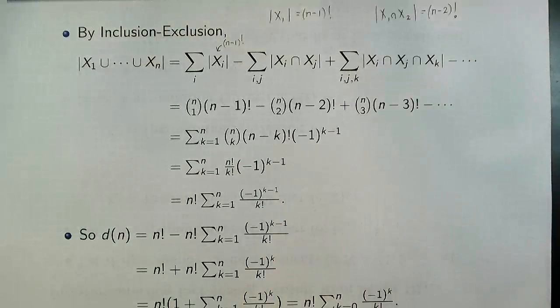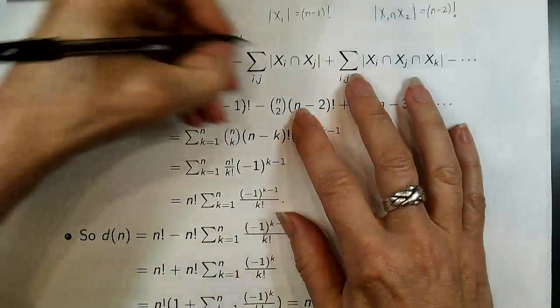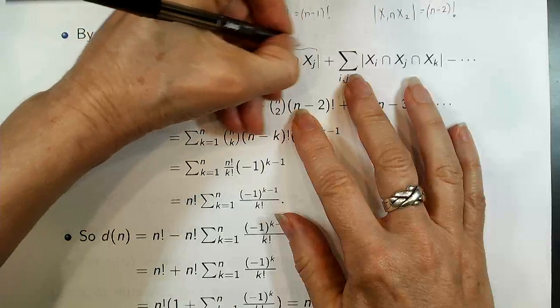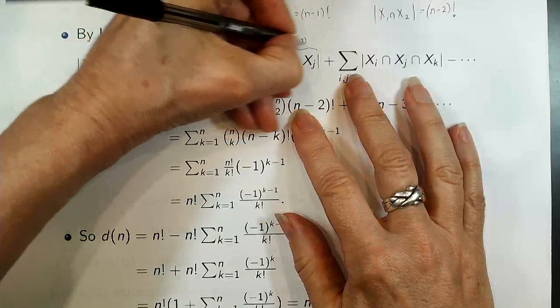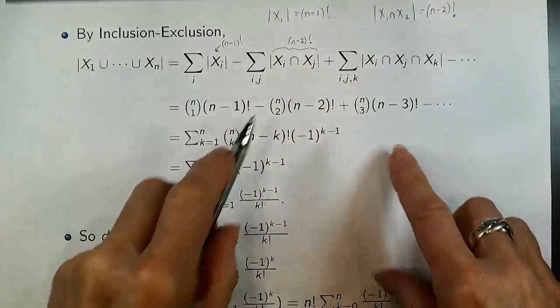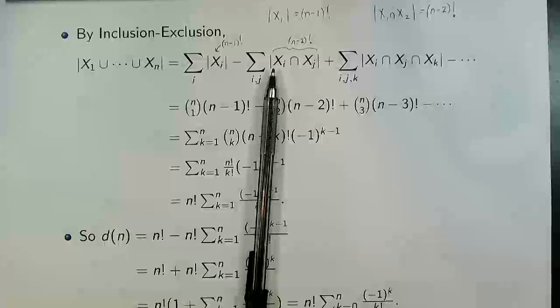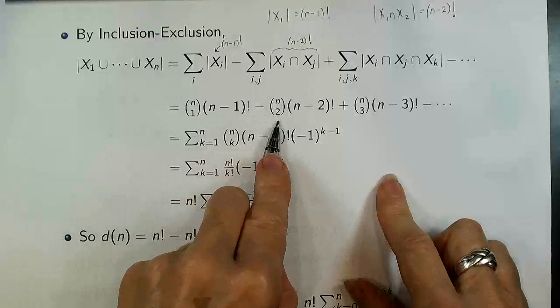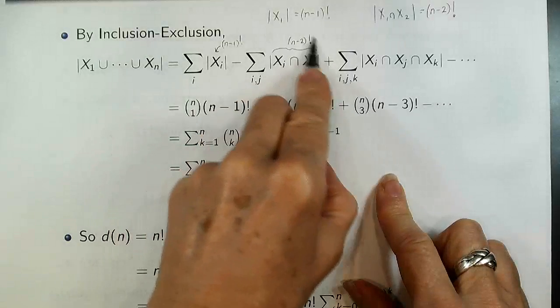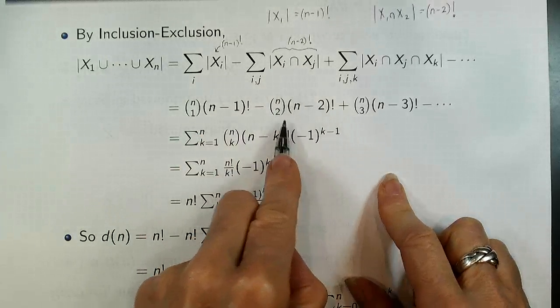And so that's why this here is n minus 2 factorial. Now, in how many ways can we get a pair of sets? We've got n sets. What's the number of ways of choosing 2 sets from n sets? N choose 2, and that's why the n choose 2 is there, n choose 2 of those n minus 2 factorials.